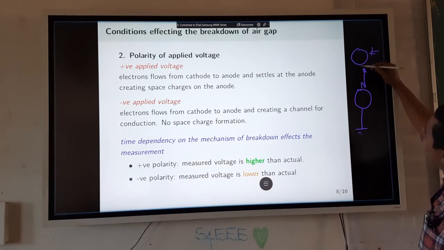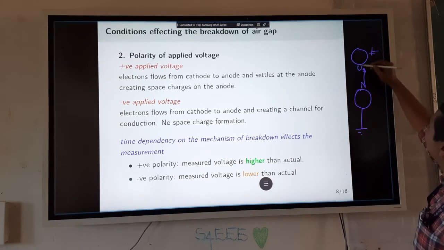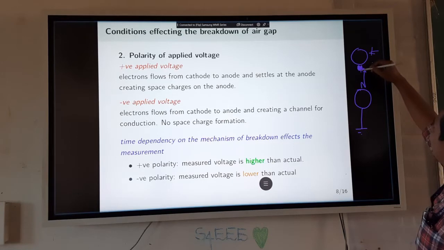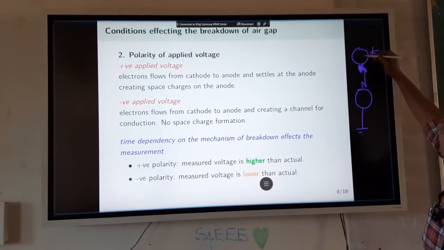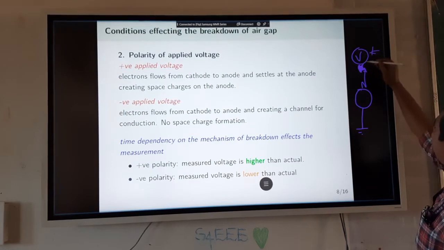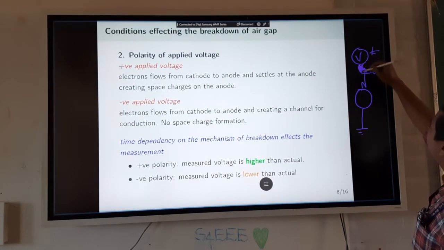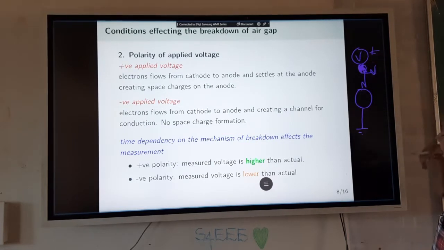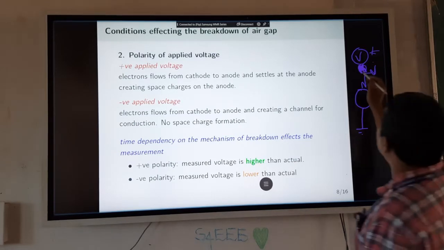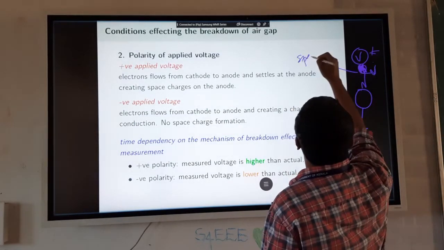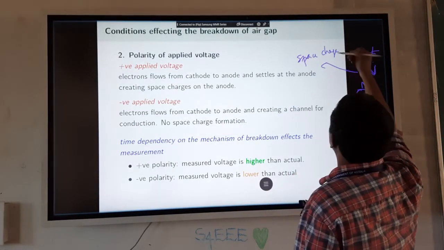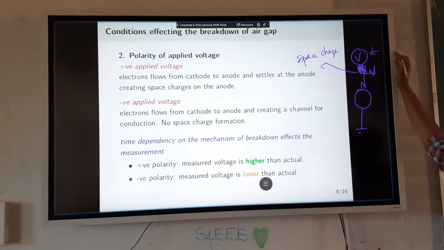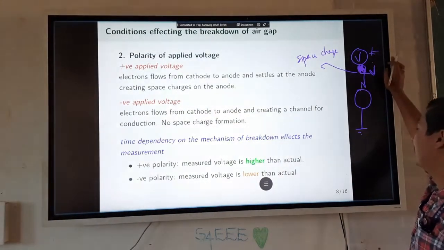Because of that you have a streamer propagation, which I already told you about last semester. Voltage V is applied, and due to the streamer formation a conducting path is established and the voltage becomes lesser. This is called space charge formation, and it happens at the anode when you apply a positive polarity.